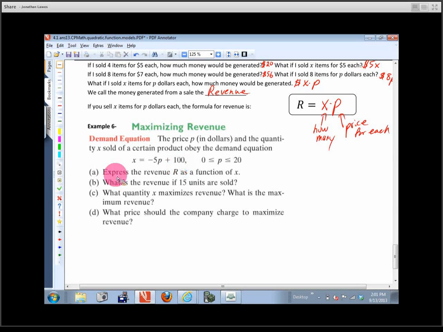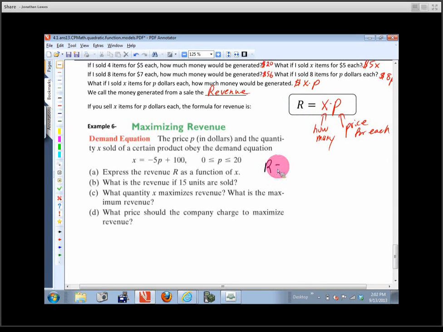And it says express the revenue as a function of X. Now, that can be kind of a tough question, but take a look right here. What does R represent? R represents revenue.